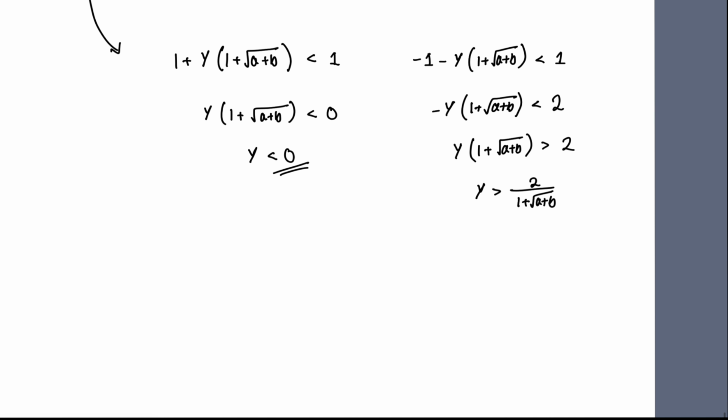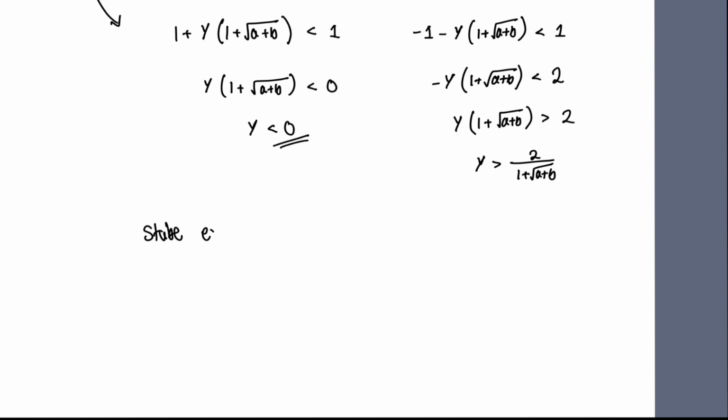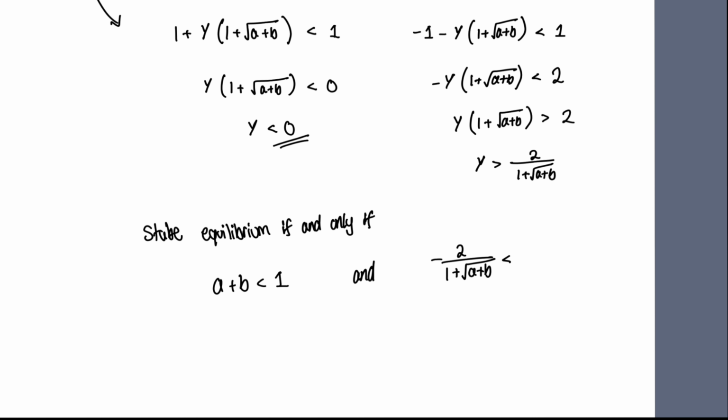So we have a stable equilibrium if and only if we have a plus b is less than 1 and minus 2 over 1 plus root a plus b is less than gamma, which is less than 0. Cool. So now looking at quasi-stable.